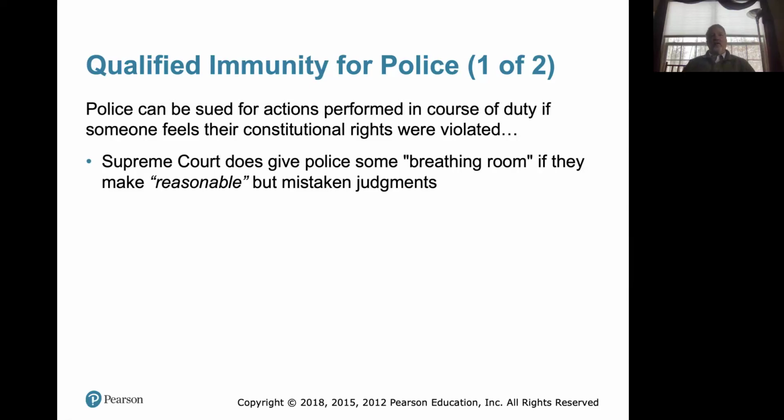A police officer acts, they do something. It turns out that what they did was wrong. The first question is: did they do something that we can all agree was wrong? They weren't supposed to do it. And the second question is: was that the kind of wrong that police officers knew or should have known was wrong, and therefore that they shouldn't have done it?